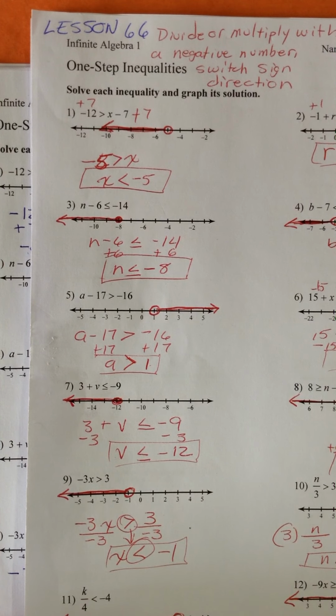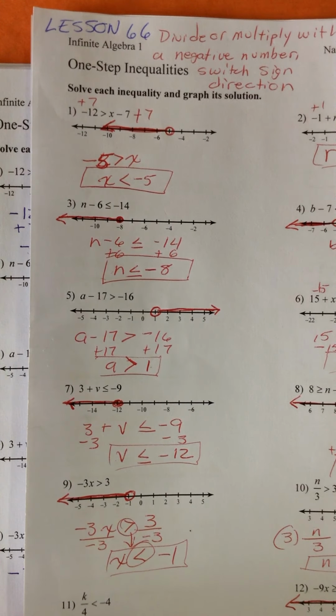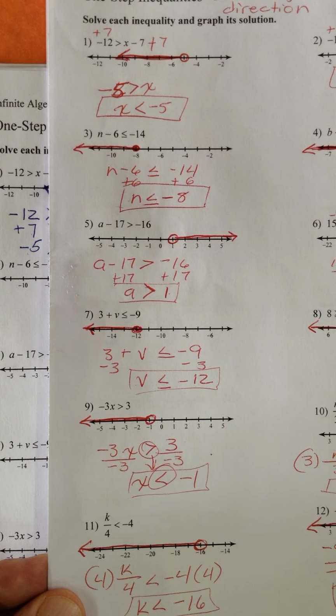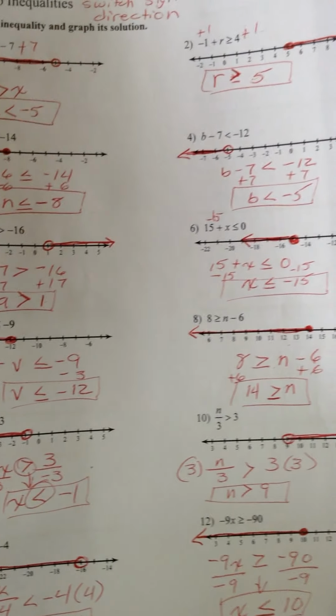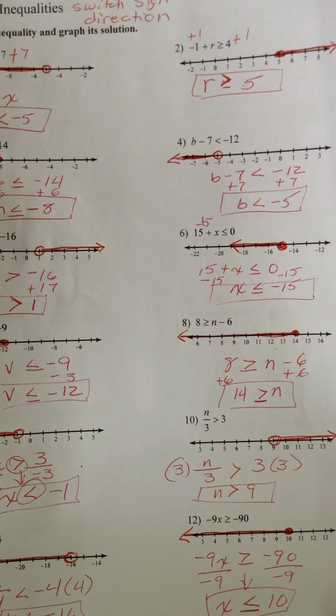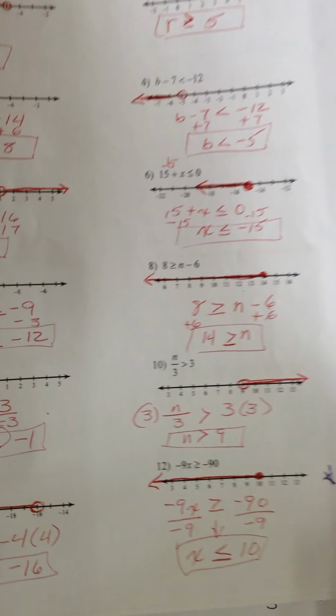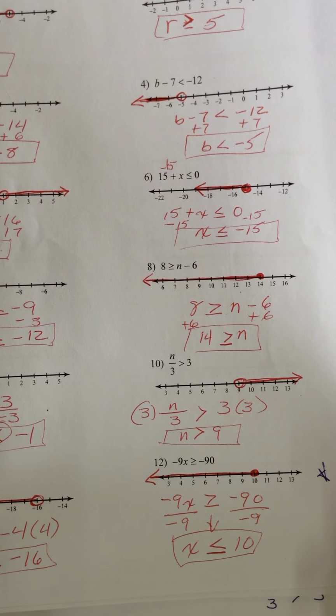Okay, so there's 3. Here's number 4. Here's number 5. Number 6. Number 7. Number 8. They're all adding or subtracting to move and isolate the missing number. Okay, hope that helps.